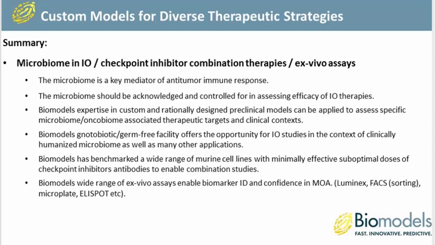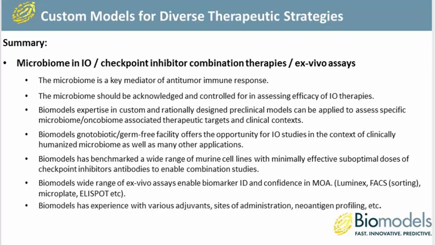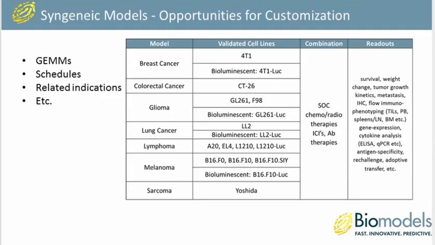These include multiplex with Luminex, FACS, including sorting, microplate assays, ELISpots, et cetera. And we have the experience in working with various adjuvants, sites of administration, local systemic, and performing isolations of various organs of interest, looking at antigen profiling of tumor lines, et cetera.